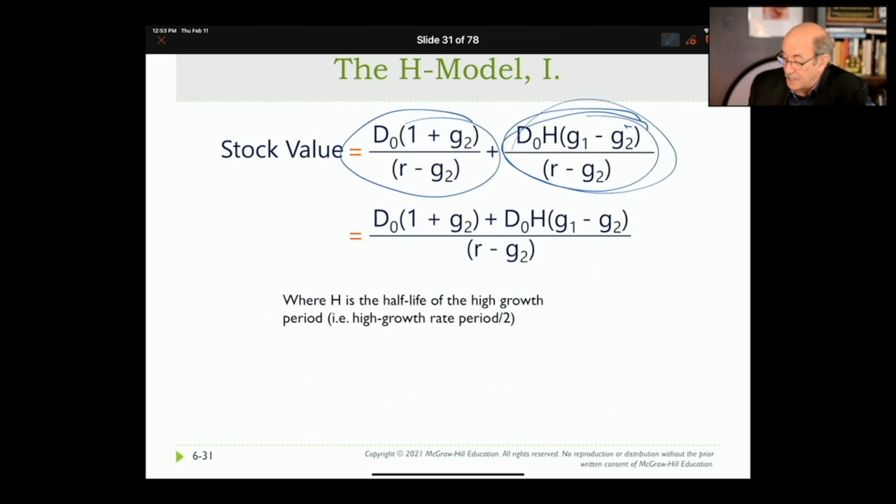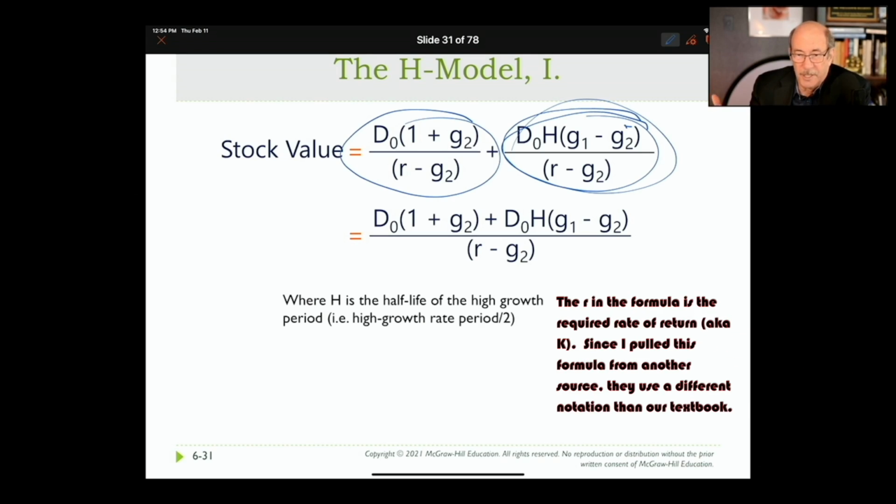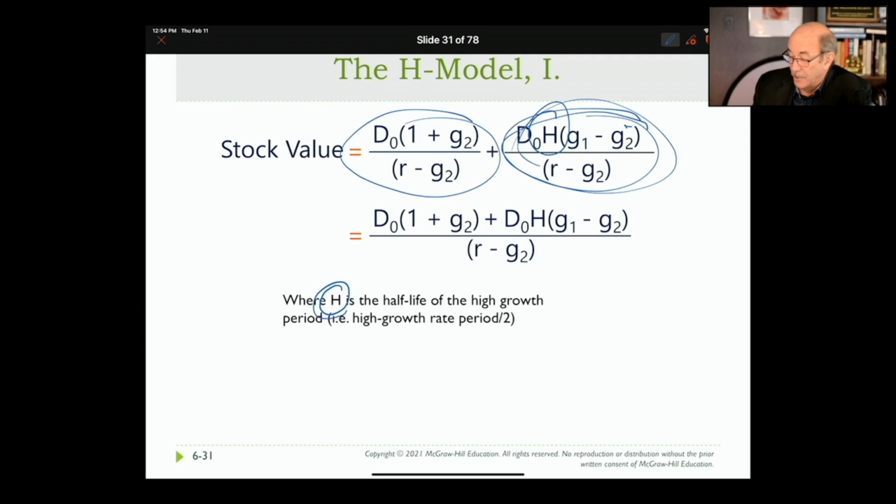So that's the H model, and the formula is here. For some reason they didn't put this formula in the book. I'm going to add this to the formula sheet for the midterm, so you'll have it. And again, it's more or less just plug and chug. The only difference here is this H notation, which comes into play right up there.